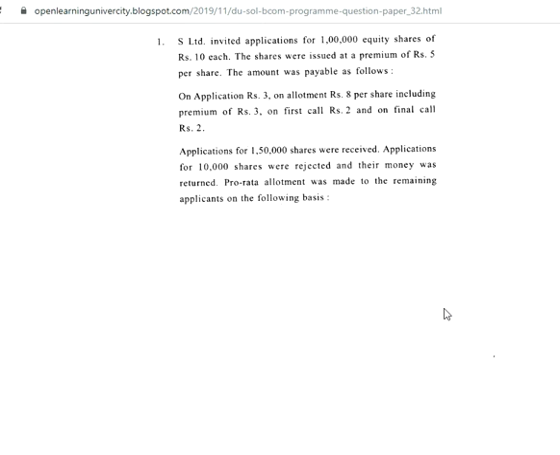The shares were issued at a premium of rupees 5 per share. The amount was payable as follows. अब उसकी डिटेल्स हैं. On application rupees 3, on allotment rupees 8 per share including premium of rupees 3, on first call rupees 2, and on final call rupees 2.